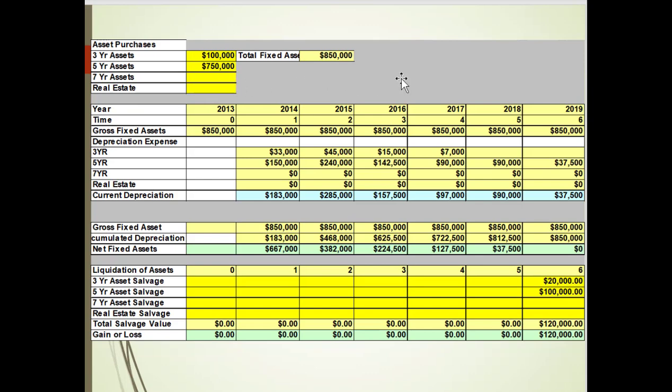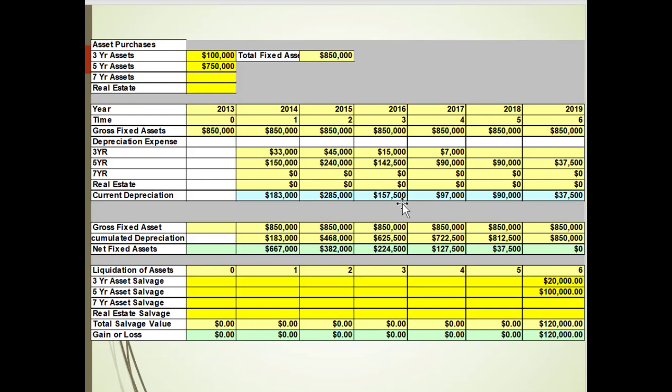Now, what you'll note when we go to depreciation, this is not straight line depreciation. This is MACRS. This is accelerated depreciation. So this is the way the company would actually do this type of accounting for this asset and for its depreciation. So those line items are listed.